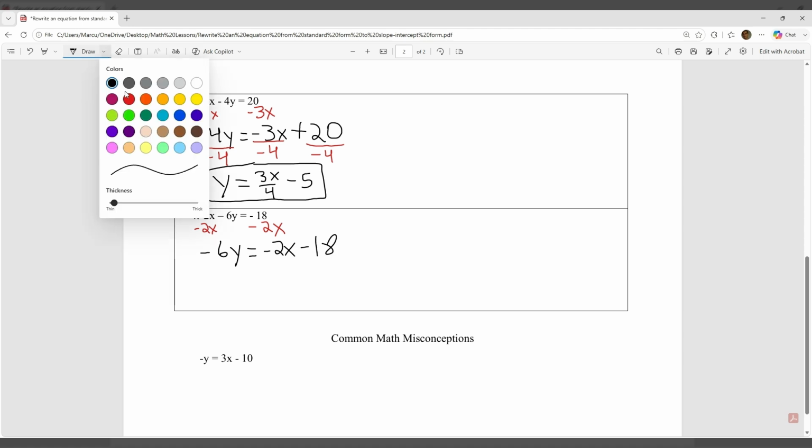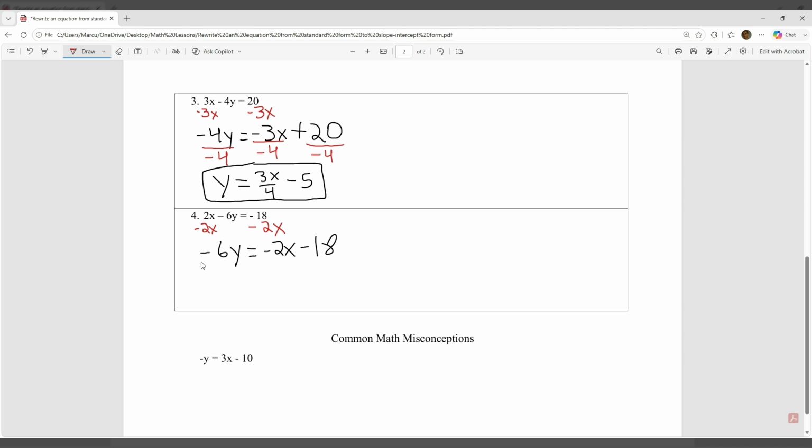So we're going to divide all terms by whatever is attached to the y, which in this case is a negative 6. So we apply that to all the terms, like this.